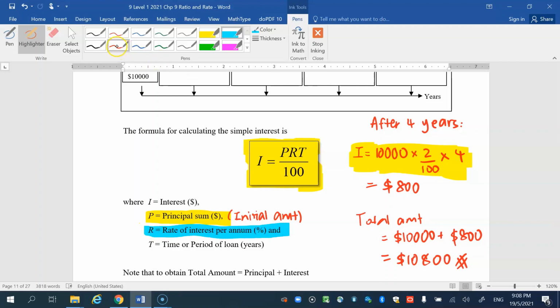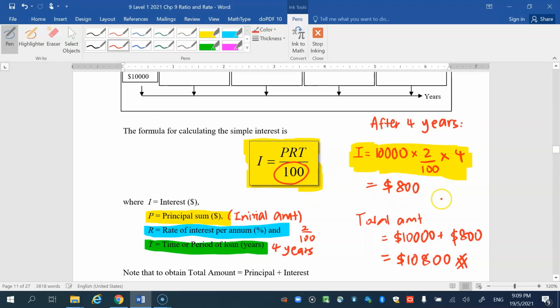Okay, so for this question, the rate of interest is 2% or 2 over 100. Okay, that's why there's a over 100 over here. Okay, and then the time period, right? So for this case, they told you it's 4 years. So it is just the number of years. Okay, so 4 years for this case.